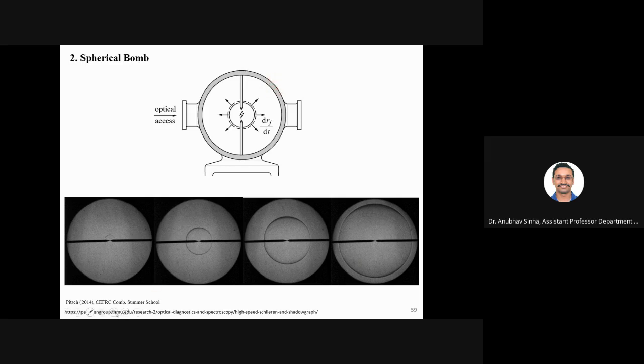You have, let's say, a heater or something, through which you are heating the air inside this spherical bomb. Temperature is rising. You agreed to that, right? So if temperature rises, what will happen to pressure? It will increase. So without any reaction also, if you are increasing the temperature, pressure will definitely rise.